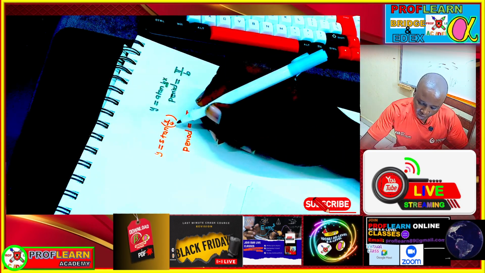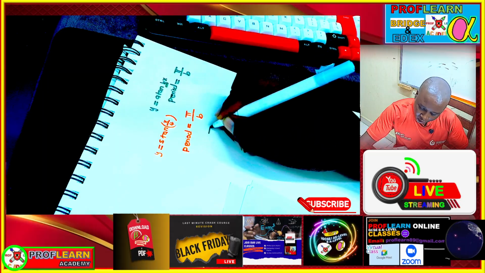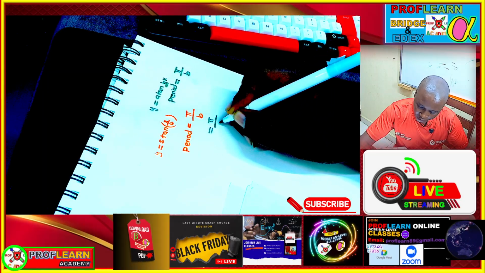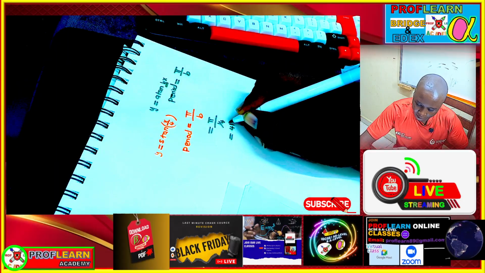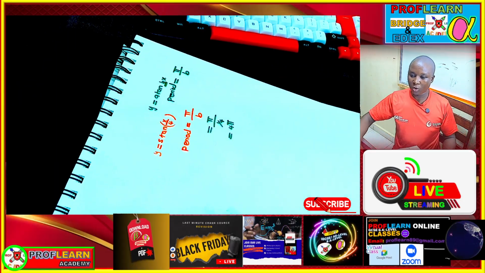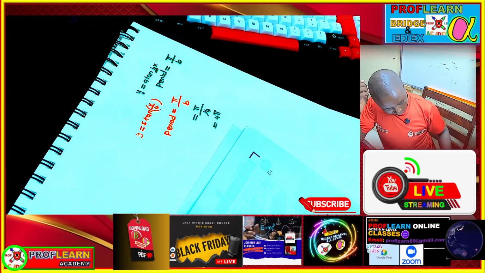But in this case, the coefficient of x is 1 over 4. So this is going to be pi over 1 over 4, and that is going to be 4 pi. Our period is going to be 4 pi in that case.